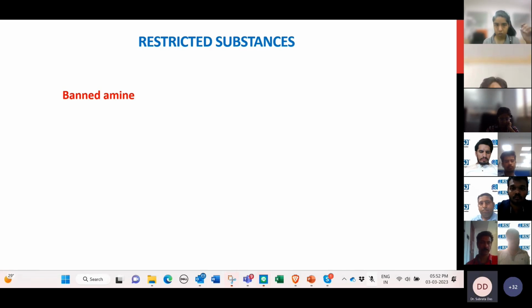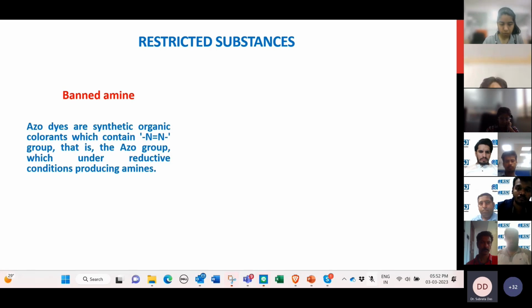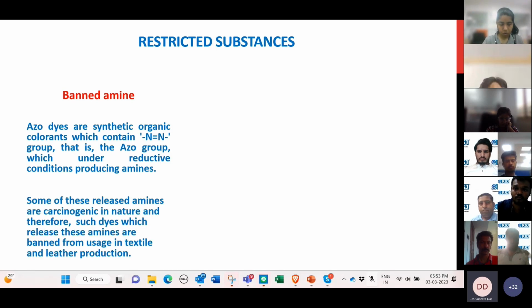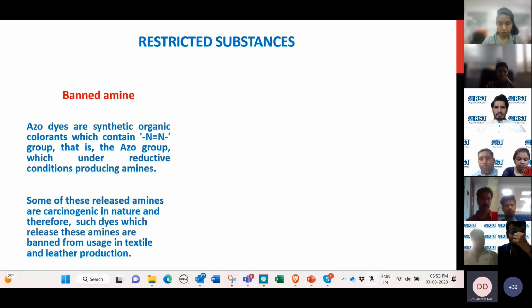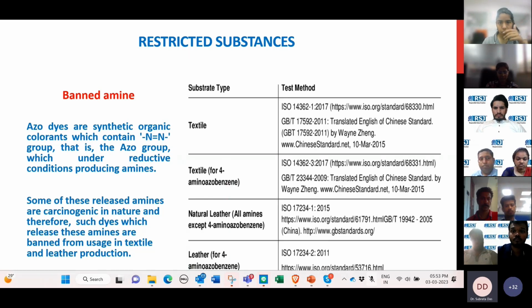Now next comes the chemical aspects or chemical safety of children's products. What are the causes of concern in children's products? Number one is banned amines. As everybody knows, azo dyes are the base of all coloring components in the dyeing industry.